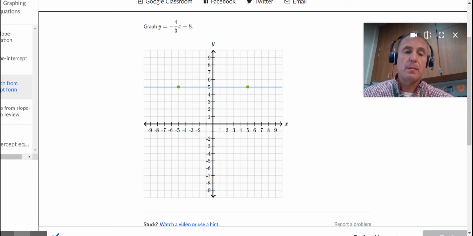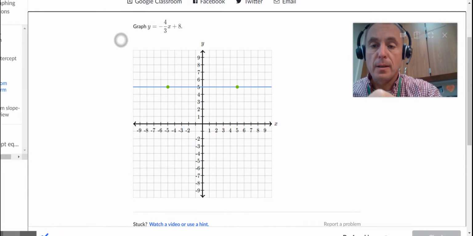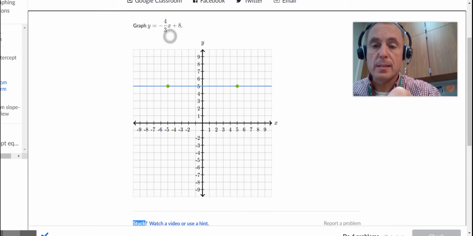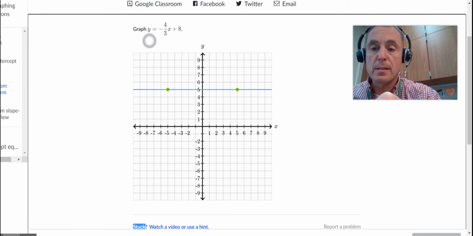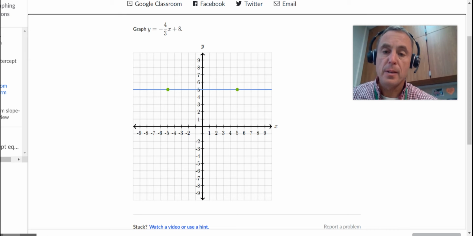This assignment is about solving two variable equations. Two variable equations are like the one that you see here. It has an x and it has a y. It has two variables. And the way that we solve this equation is not by using opposites.